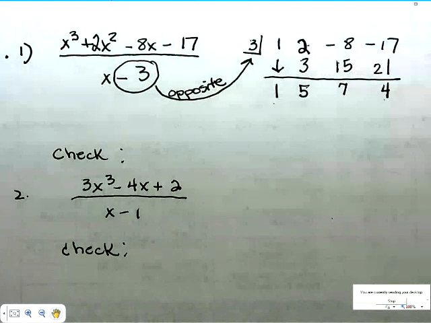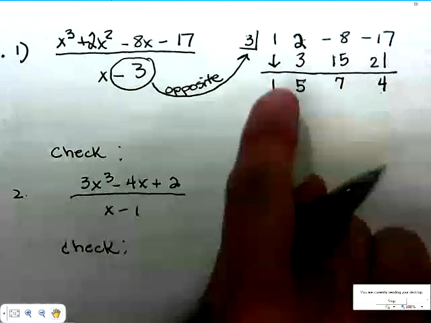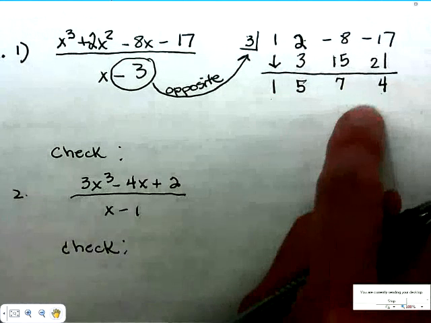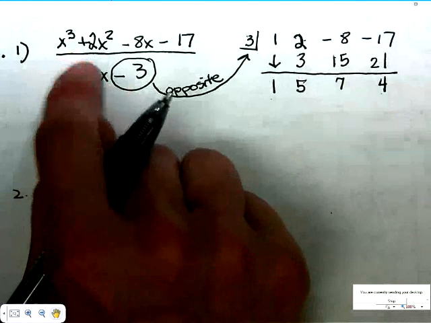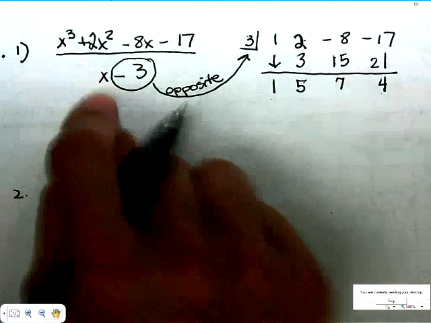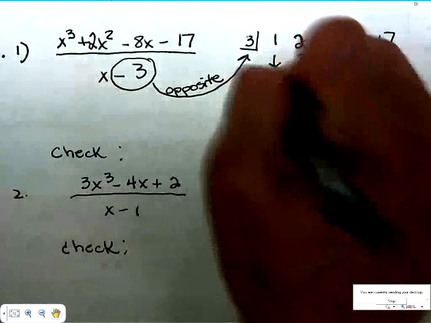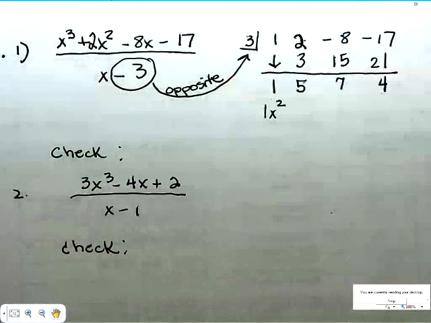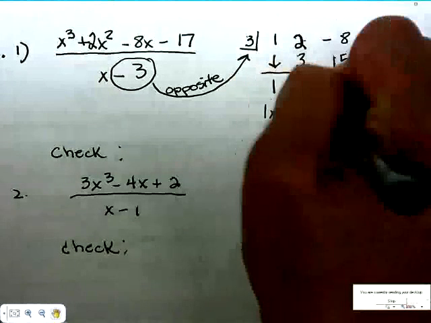Now my answer is not 1574, but those are the coefficients of my answer. If I'm dividing an x into an x cubed, what power will I start out with? An x squared. This 1 is the coefficient of x squared. And after that, the terms are in descending order. So that 5 is the coefficient of x to the first.